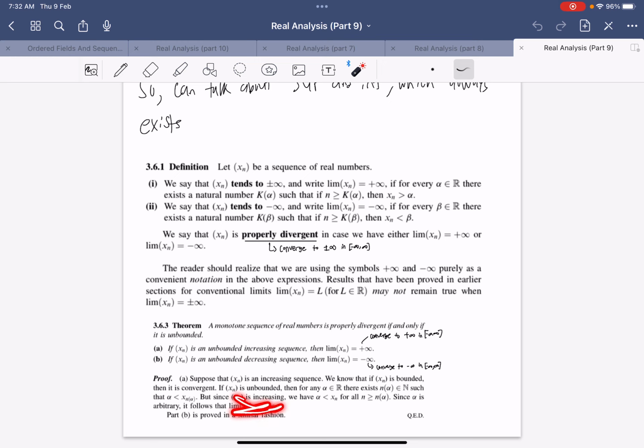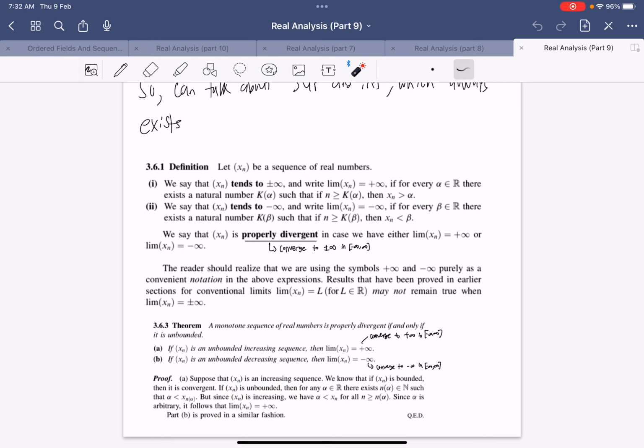And since xn is increasing, all the xn's with n larger than this little N will be larger than alpha. And since alpha is arbitrary, this proves that the limit goes to infinity.